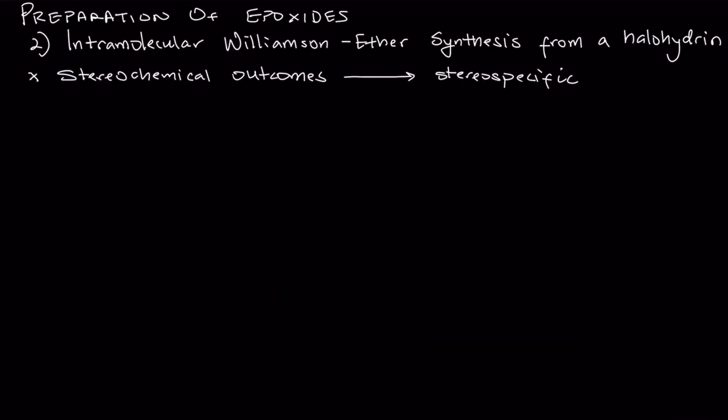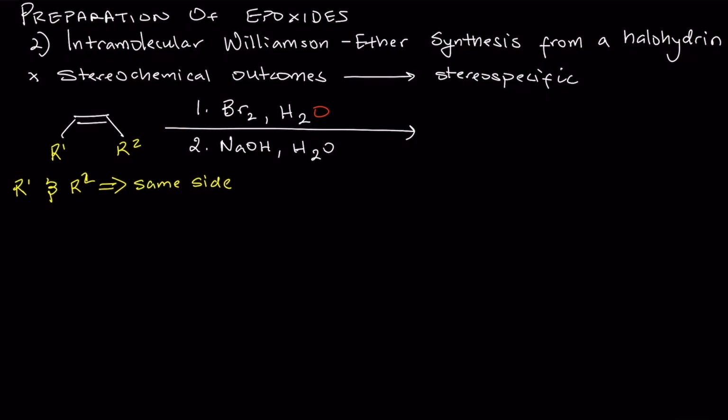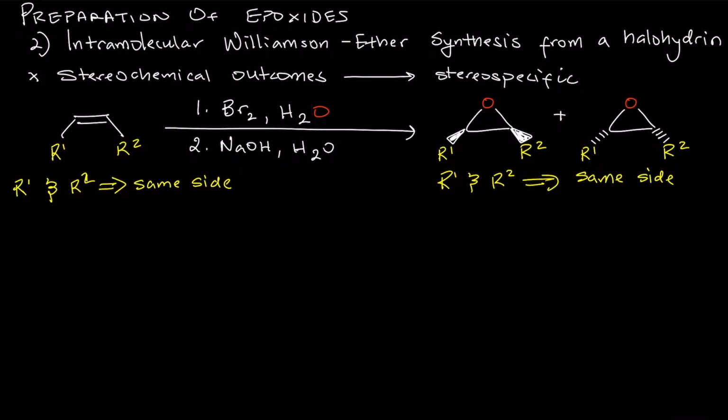Okay, so just like in our peroxidation strategy, our second strategy, which involves forming your halohydrin and doing an intramolecular Williamson ether, is also a stereospecific reaction. Which is to say, if you started with your cis alkene, so in the case where your R1 and R2 groups are on the same side, you treat it with Br2 in water as the first synthesis step, and then in your second synthesis step, you treat it with sodium hydroxide and water, so you're doing your intramolecular Williamson ether synthesis from here. You will also end up with your cis epoxide as your product of this reaction.